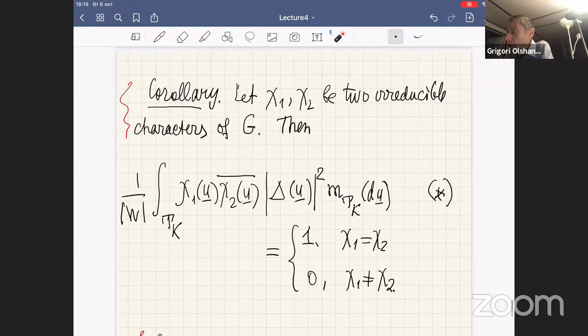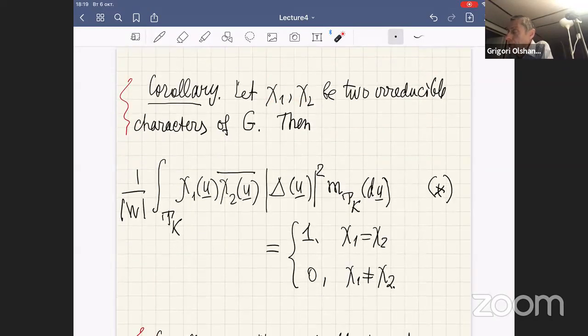And now a corollary. Assume we have two irreducible characters of G. Then we have this integral relation. We restrict them to the compact torus and take the scalar product with respect to this radial part of the Haar measure. The result is either 1 if the characters are the same, or 0.